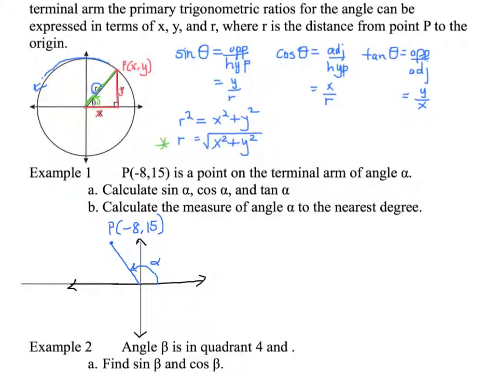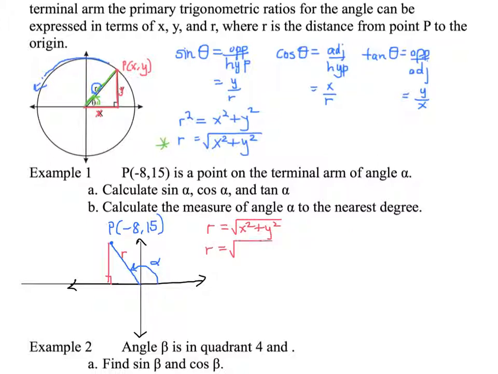And we are asked to calculate values for sine, cosine, and tangent. So let's go ahead first and find out what r would be. In other words, what's the distance from point P to the origin? That would be the hypotenuse of the right triangle corresponding with this angle. So using our formula above, let's use the simplified version: r is equal to the square root of x squared plus y squared.